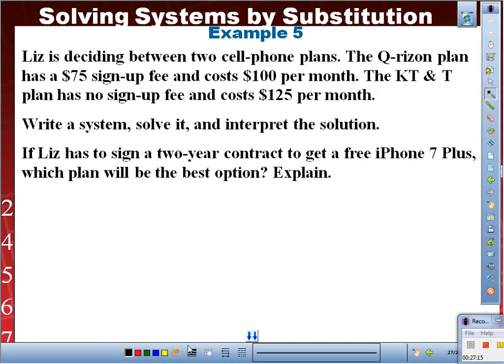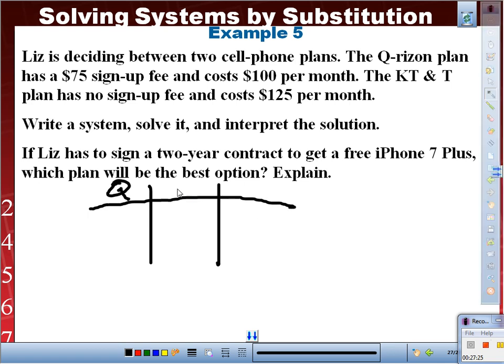Now, how many plans are they talking about? So 2 lines down, 1 across. Verizon, KT&T, and total. Here in the total, this time, we're going to write our system. I'm going to write first the equation for Verizon.